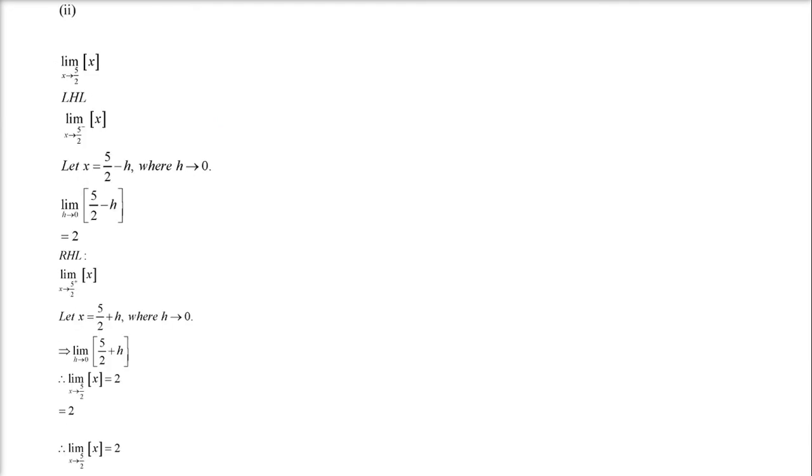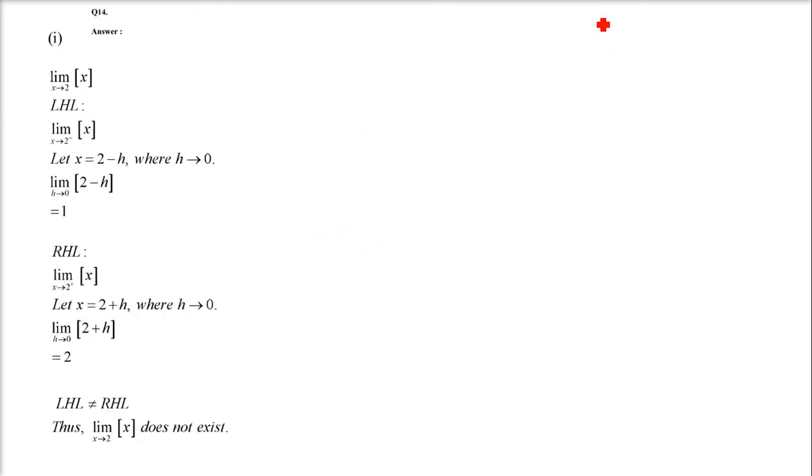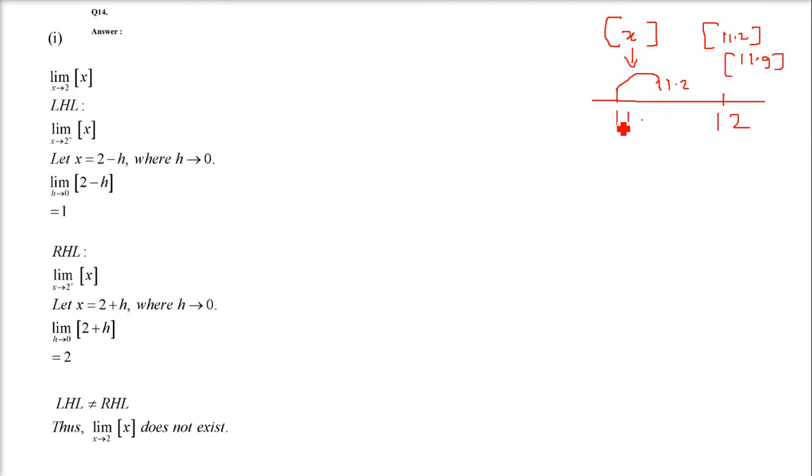Let me tell you again that whenever we have the greatest integer function, those who have understood it, good. The greatest integer function simply means if you are between 11 and 12, and you have any value, like 11.2, 11.4, 11.8, whatever you put, you will always get 11. Even 11.9, 11.1, you will always get only 11. Right?